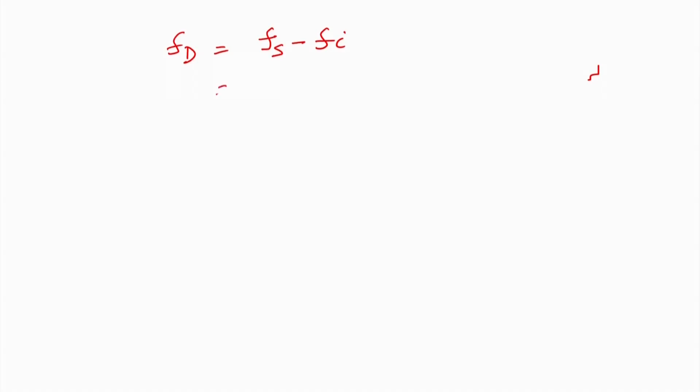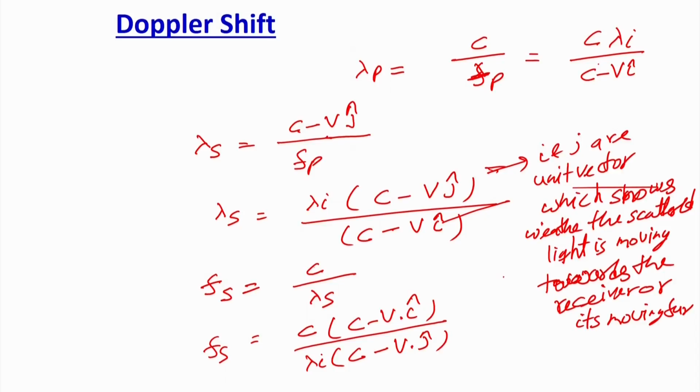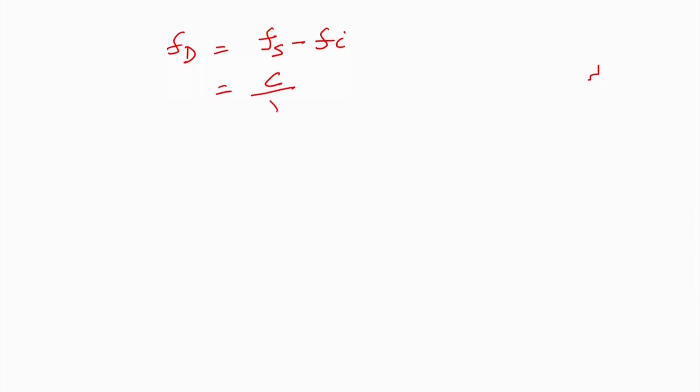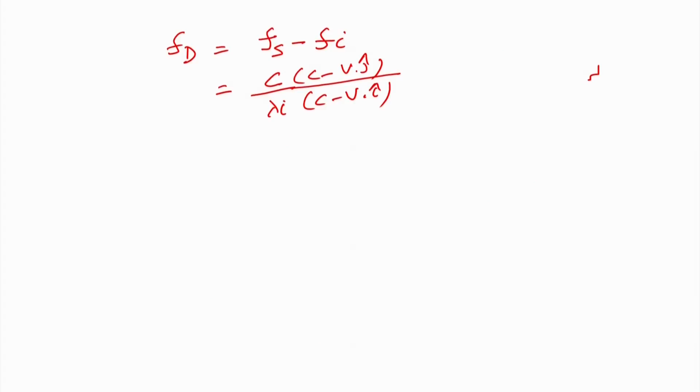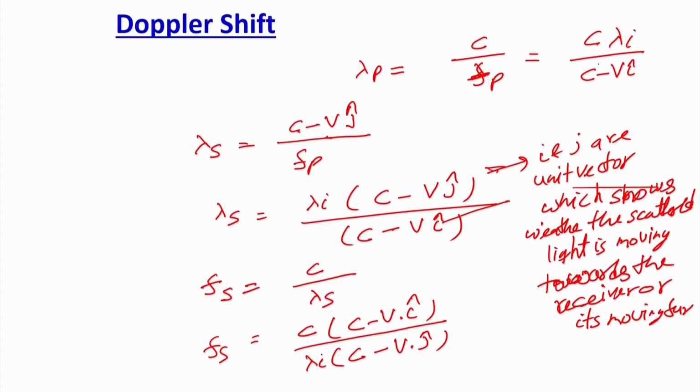Now, if you do that, f s, the way we have calculated, is nothing but c upon lambda I into c minus v dot I upon c minus v dot j. Sorry, this is I and j the opposite way around. So, this is I and this is j.